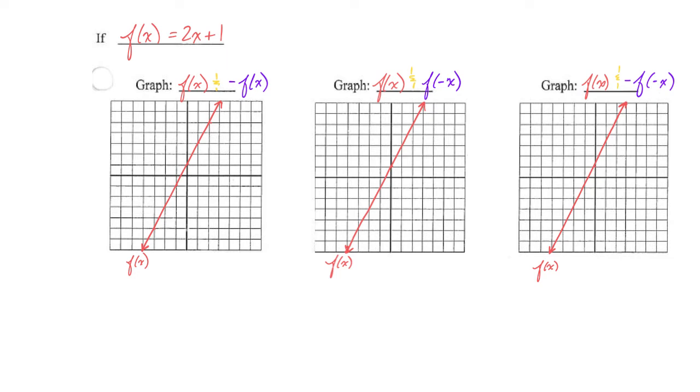So on the first grid, you'll see in the blank space, we're graphing f of x, and we're going to graph negative f of x. On the middle grid, f of x and f of negative x. And on the final graph, we're going to put down negative f of negative x.